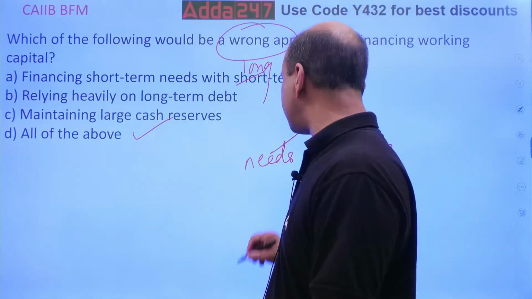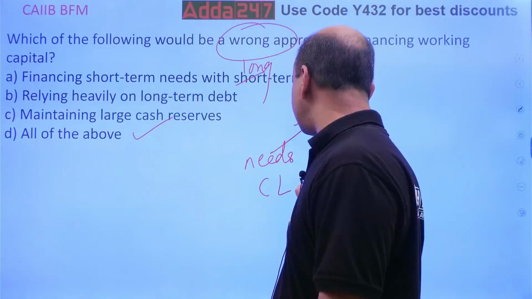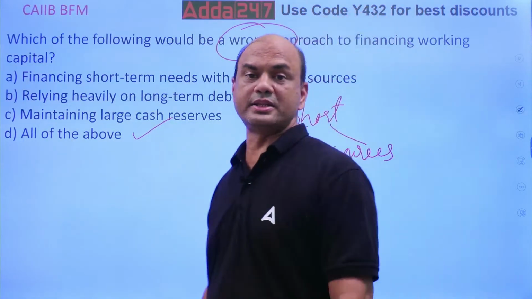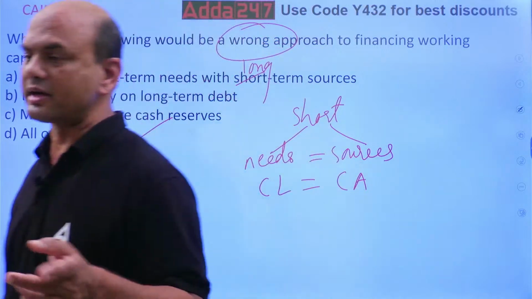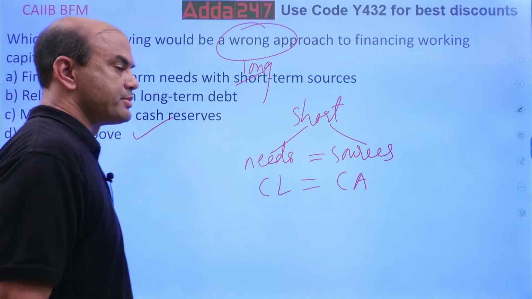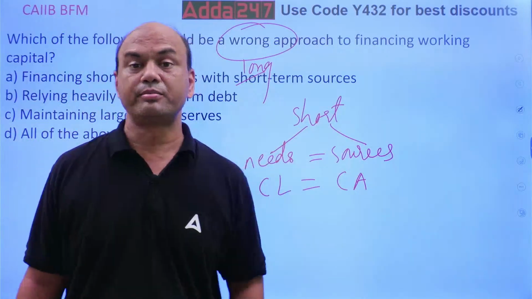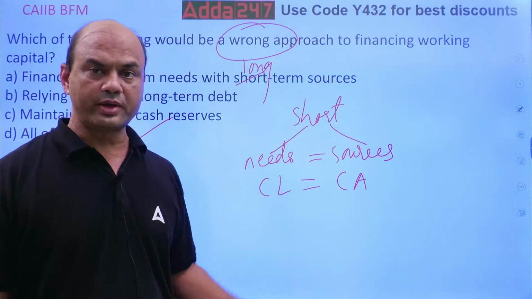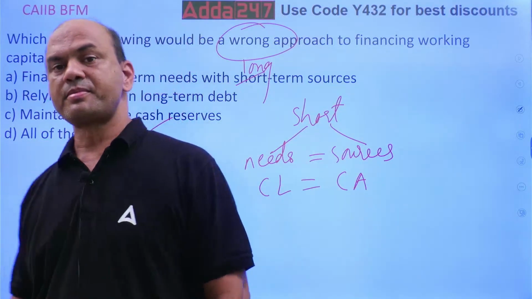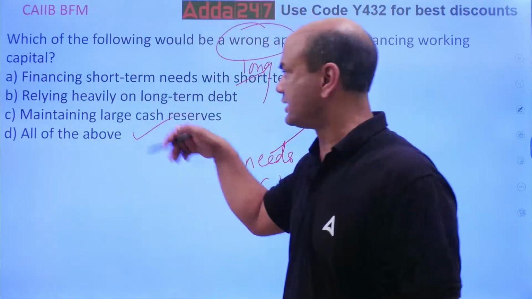We always try to balance current liabilities with current assets. When you balance these current assets and current liabilities, then your overall financial structure and your liquidity management works very fine. Perfectly it works. Okay, got it? So this is the answer. Correct one and wrong ones are these.